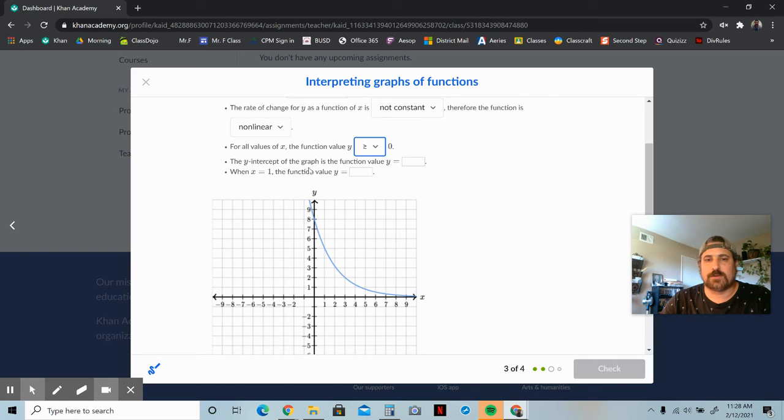The y-intercept of the graph is the function value of y equals, right there, 0, 8. So y is 8. When x is 1, the function value of y is 5. So that's that.